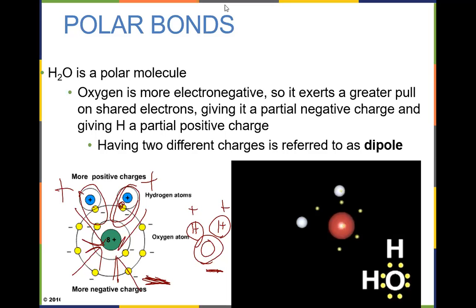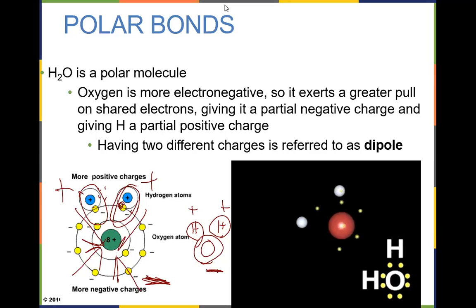Now they're still spinning in orbit. The electron at the hydrogen is still being satisfied, it's still getting its other electron in orbit around here. So the hydrogens are happy. They have their valence shell filled up. The oxygen is happy.